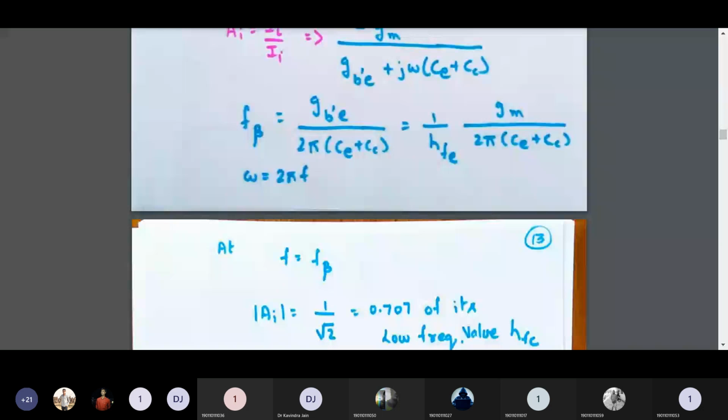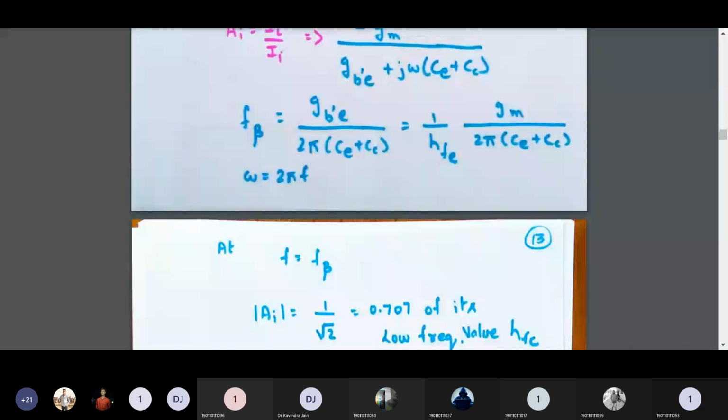At omega equal to 0, AI is minus hfe, in agreement with the definition of minus hfe as the lowest frequency short circuit CE current gain. So the lowest frequency short circuit CE current gain, the article that we started, is denoted by minus hfe.